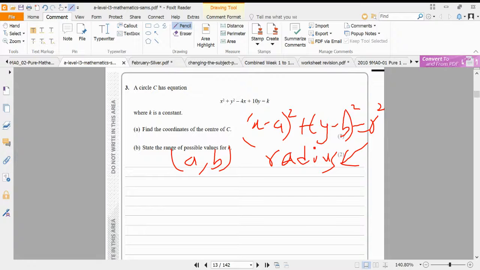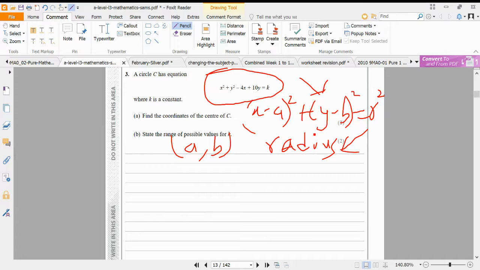So this is Edexcel A-level paper 1 to be precise, and this question says a circle C has equation x squared plus y squared minus 4x plus 10y equals k, where k is a constant. Find the coordinates of the center C. So all you need to do is to write this equation in the form of this so that you can easily pick out your center.